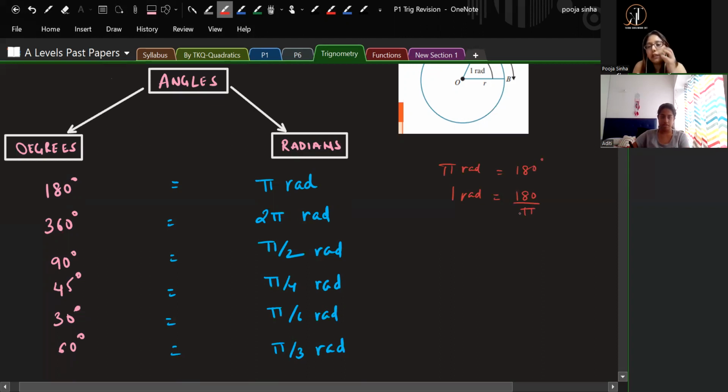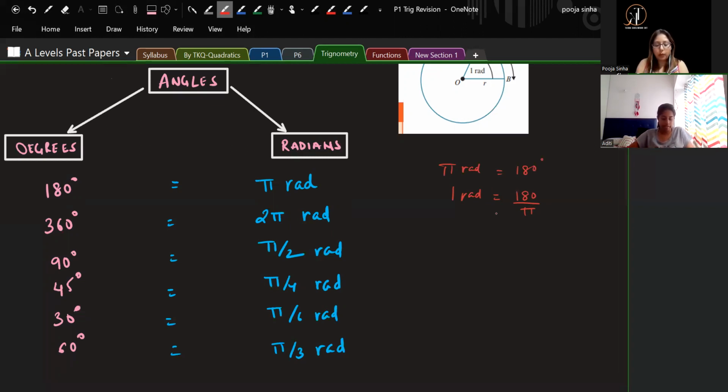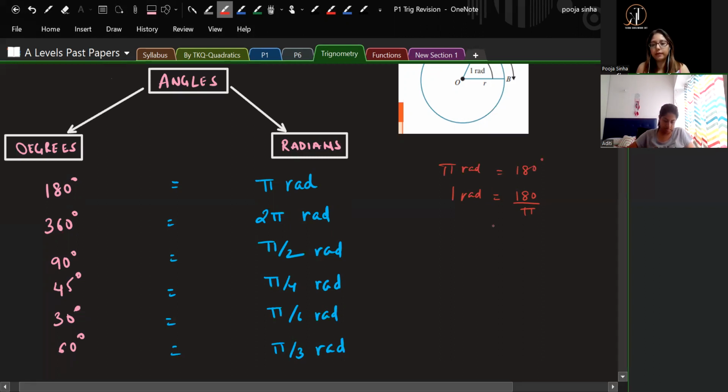And what is the value of pi that we have always used in circles? 3.14. But in your calculator, don't use 3.14 and round it off. Just divide 180 by pi. What do you get?